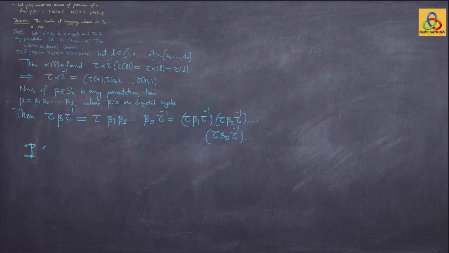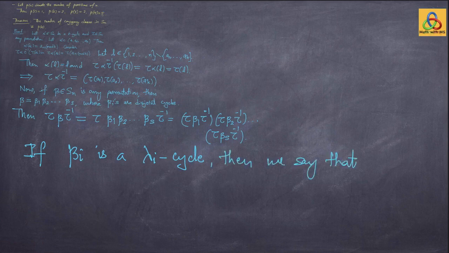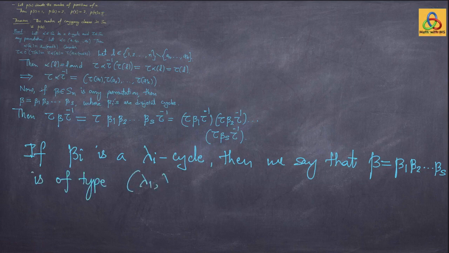If beta i is a lambda i cycle, that is, a cycle of length lambda i, then we say that beta, which is the product beta 1, beta 2, and so on beta s, is of type lambda 1, lambda 2, and so on lambda s.